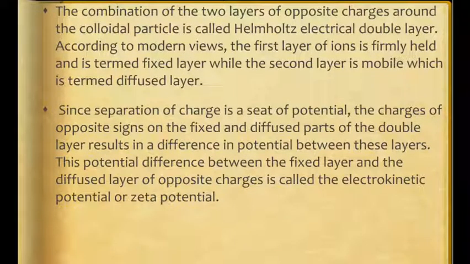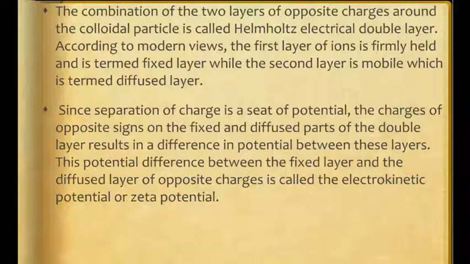Now the next is, what is zeta potential or electrokinetic potential and how the charge develops. This is the second important explanation for the origin of the charge. The combination of the two layers of opposite charges around the colloidal particle is called Helmholtz electrical double layer. According to modern view, the first layer of ions is firmly held and is termed fixed layer, while the second layer is mobile, which is termed diffused layer.